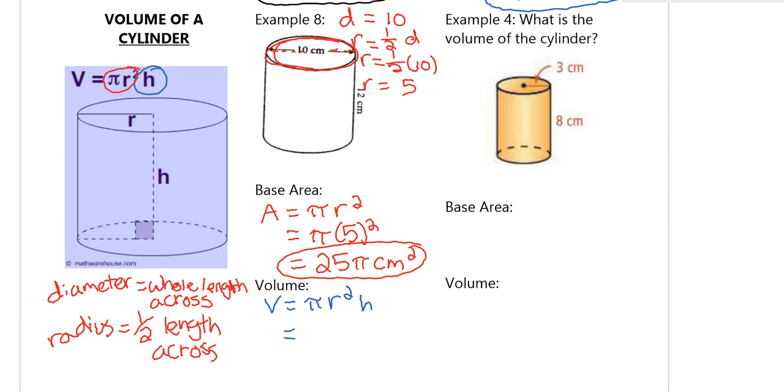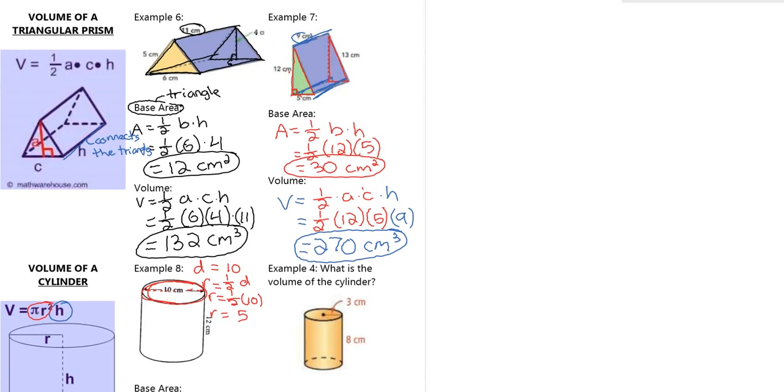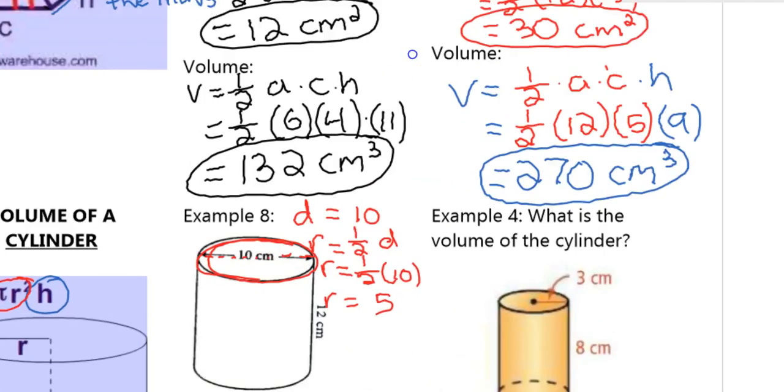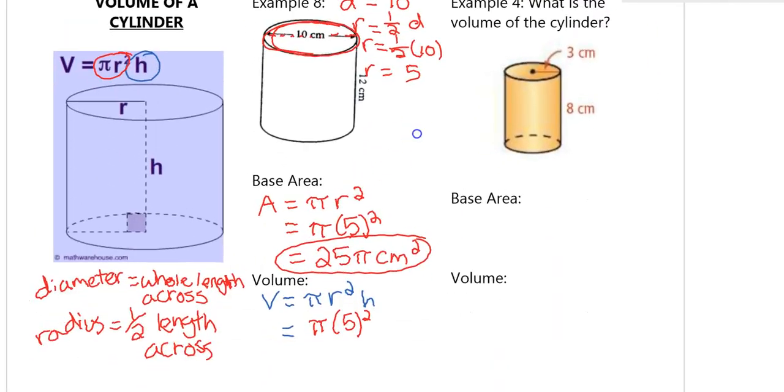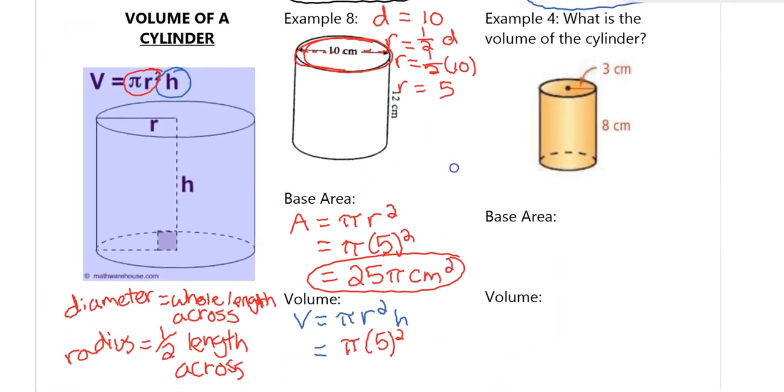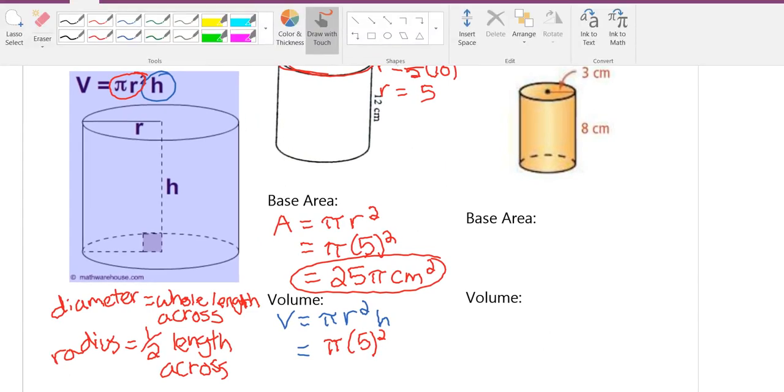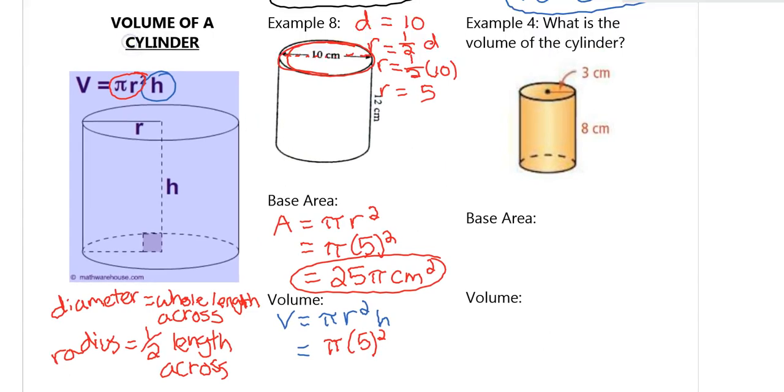Again, that pi r squared is exactly what we just did. I have pi and then 5 squared. And then my height, my height is just like the triangles. It's what connects the circles.